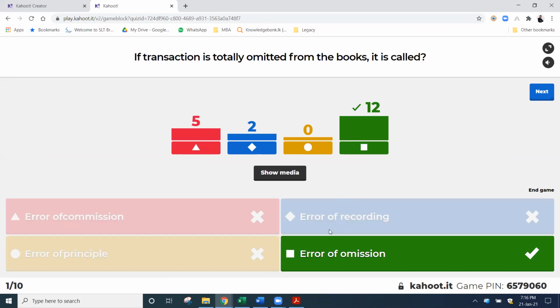So you need to understand the difference between these different types of errors.